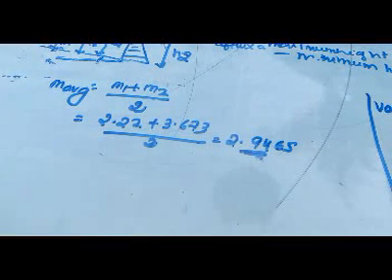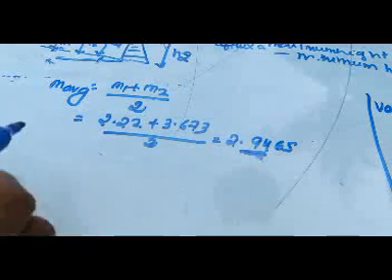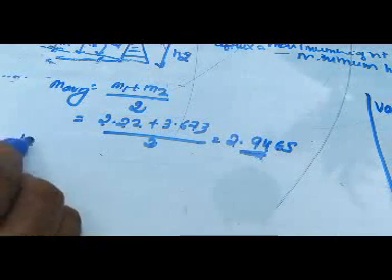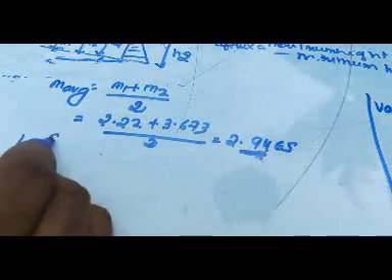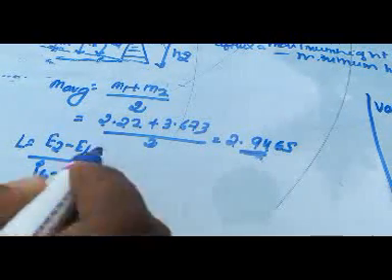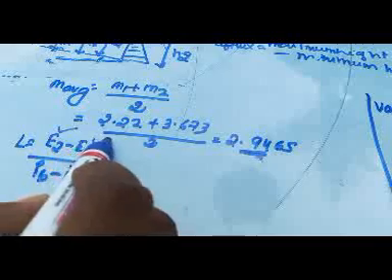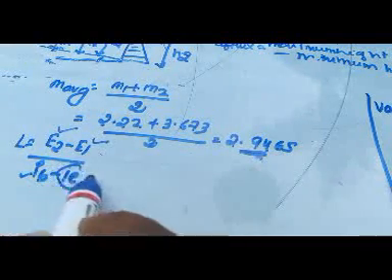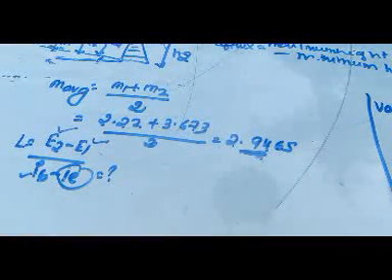To find the value of IE in Manning's formula, we need IE because we have the formula L, the length of the backwater, equal to E2 minus E1 divided by IB minus IE. Everything else we know, but IE we don't know.